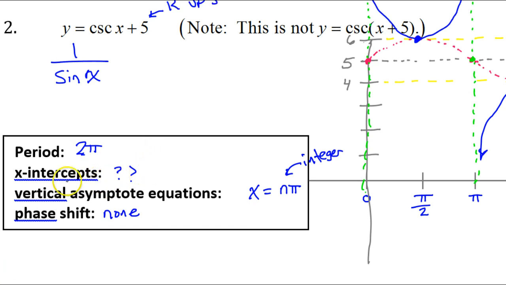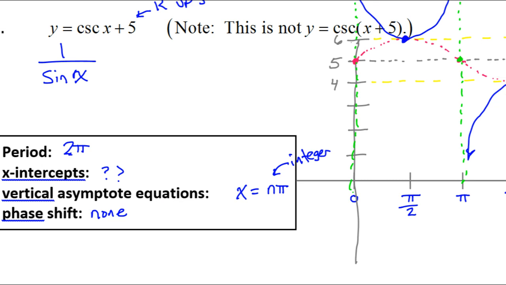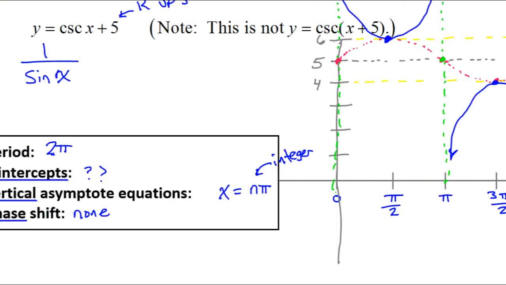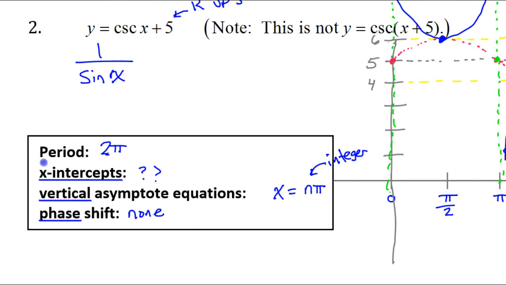Actually, let me just say one more thing about these x-intercepts. There are x-intercepts. Looking at these blue curves, they're going down, and eventually they will reach and cross the x-axis. So the x-intercepts exist. However, I think this is beyond the scope of what we're trying to teach you right now. I'm pretty sure we don't mean to be asking you for the x-intercepts on this particular problem.